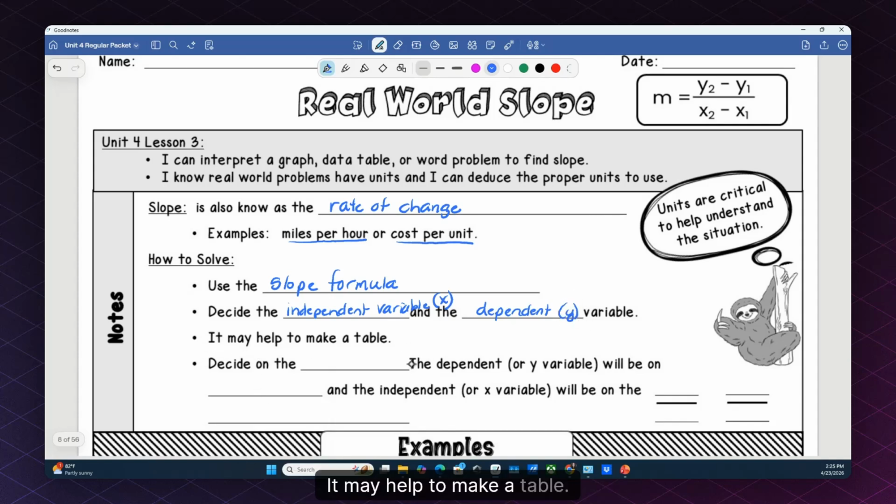It may help to make a table. We're going to decide on proper units.